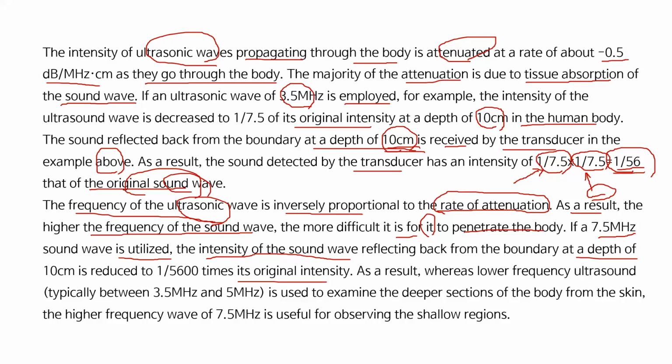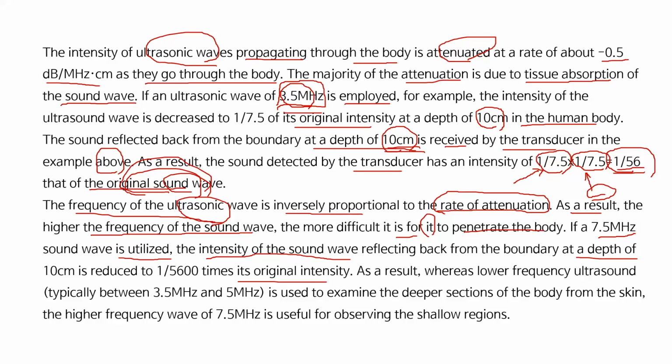So we saw that here for the ultrasonic wave of 3.5 MHz case, the detected intensity of the sound wave is reduced to 1/56 that of the original sound wave.